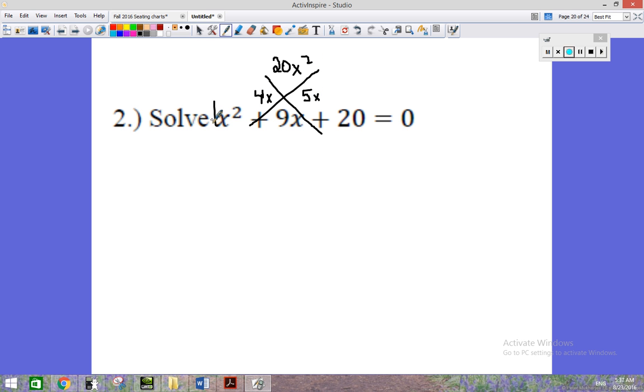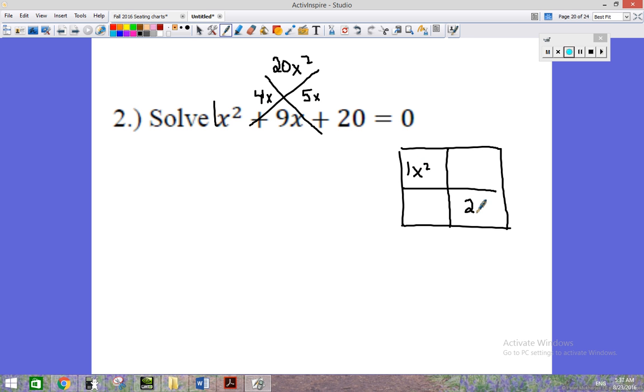With a leading coefficient of 1, we don't necessarily have to fill in this table. Normally we go to a table where you put the first term and the last term along one diagonal, and these 2 values that we found in the x go in the other diagonal.